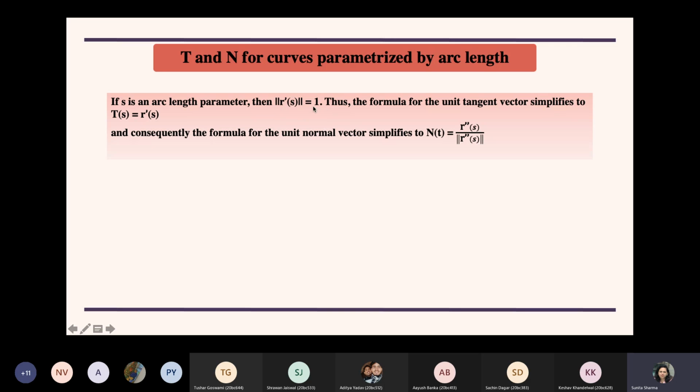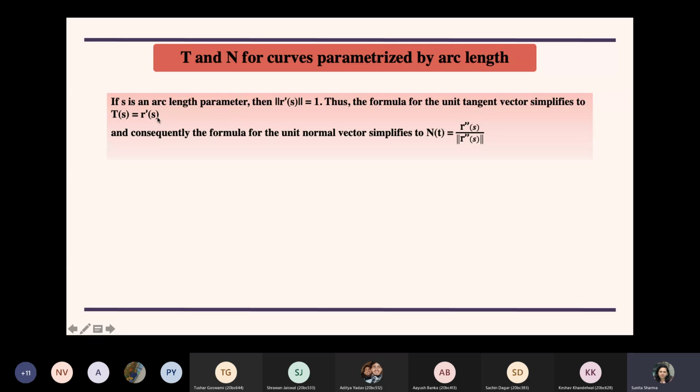So if that norm is 1, then T of s, the unit tangent using the parameter s, will be r dash of s. So in the questions where your r is in terms of s already, r is no longer in terms of t, r is given in terms of s. For such questions, if you have to find the unit tangent vector, then the expression is T of s equal to r dash s.